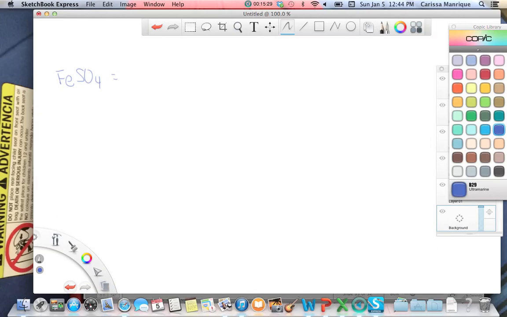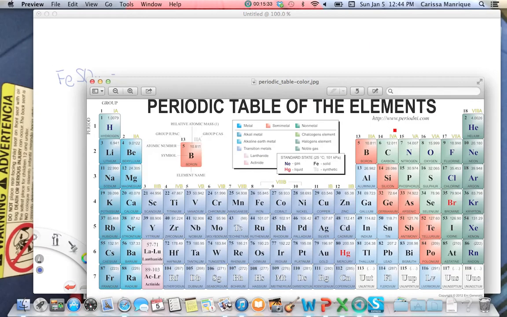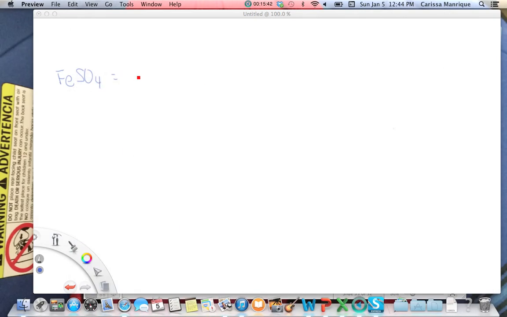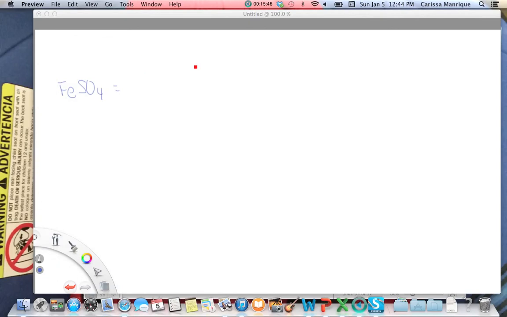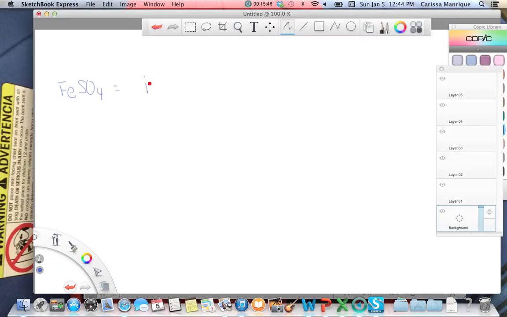Okay, so we look iron, Fe, it's found right here. So that's a transition metal, which means we need to use a Roman numeral. Okay, so I'm going to have iron, I'm going to have a Roman numeral, and then SO4, if we look on our chart, is sulfate.